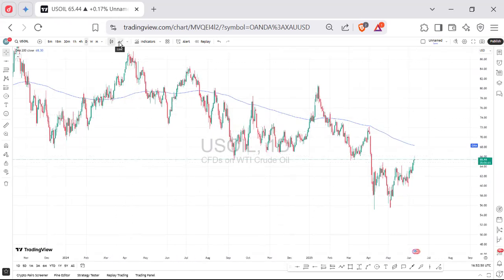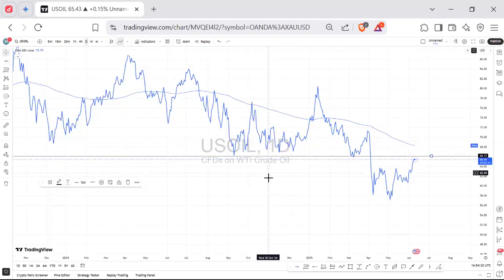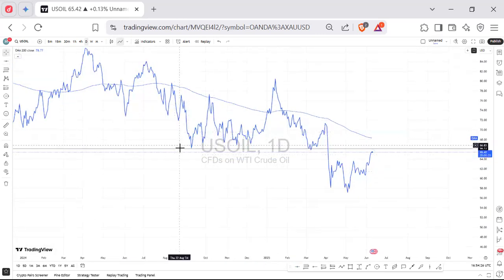I use line charts to make it clearer for me. You see, I just switched to the line chart and it's a bit clearer. So this is what I do. I take my horizontal line here and I mark it.